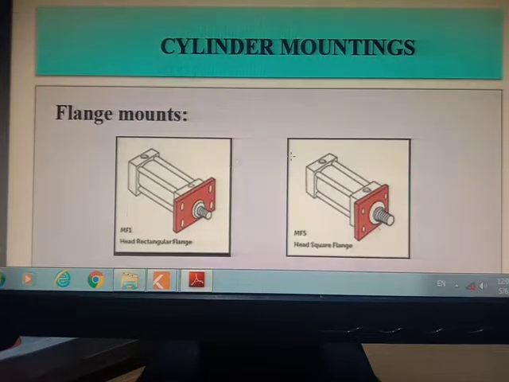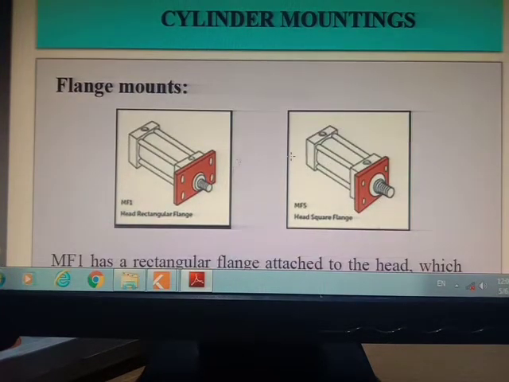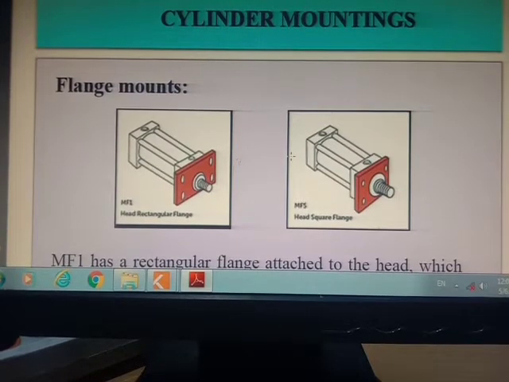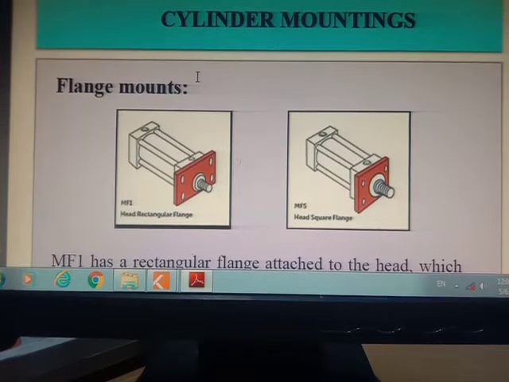Now we'll see one by one. The first type of cylinder mounting is known as the flange mount, where the cylinder has a flange type of mounting. You can see the red part shown here. This red part is one special flange connected to the cylinder end cap.